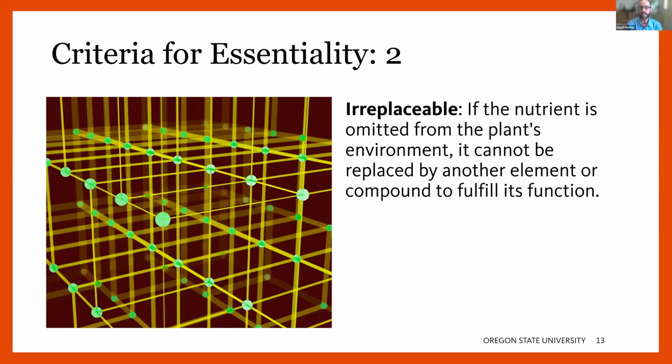After necessary, it's irreplaceable. So the idea on this one is that you cannot substitute one element for another. So if this element is not present, a different one cannot fill the place of it in these plant processes.